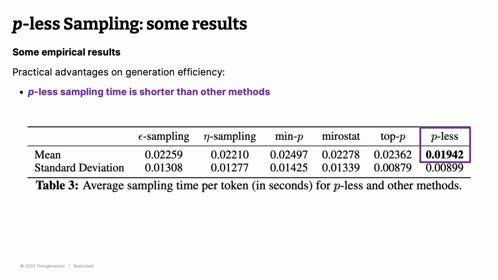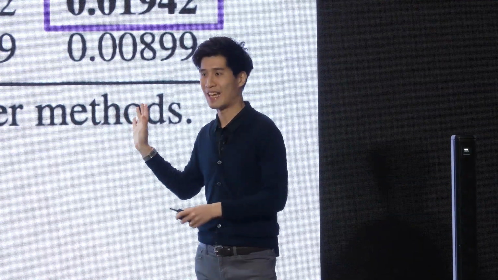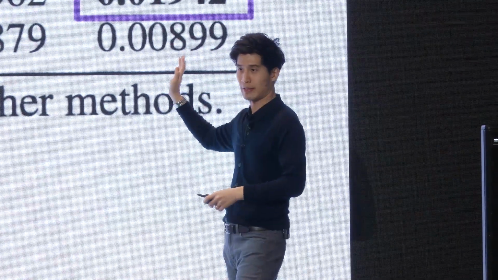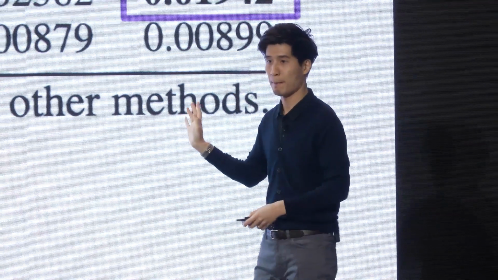And very importantly for ML engineers and developers, this has a higher efficiency in generation. Every token generation takes 0.19 seconds compared to the other methods, which take at least 0.02 seconds. And there are a lot of reasons why this method takes less time to generate. I'll leave that to your interest if you are interested in the paper.